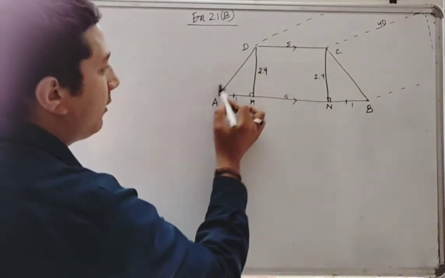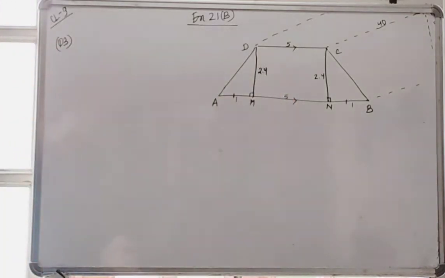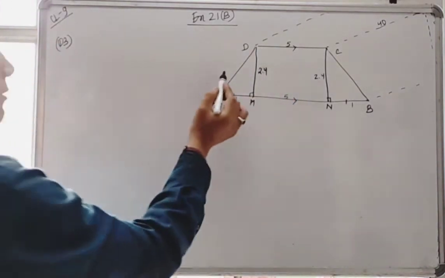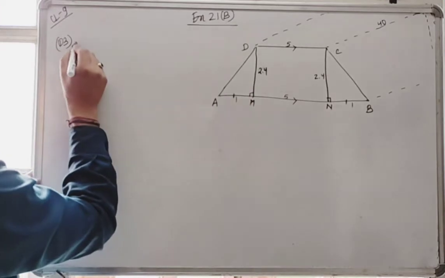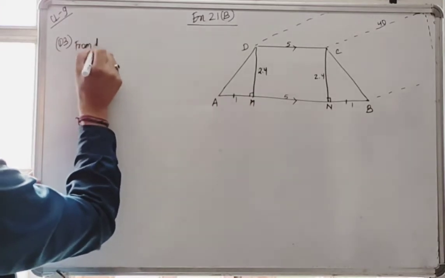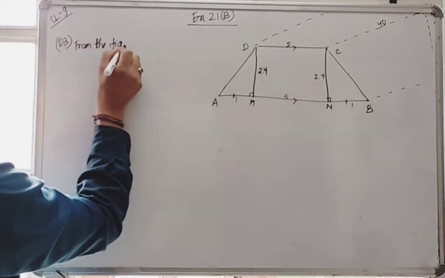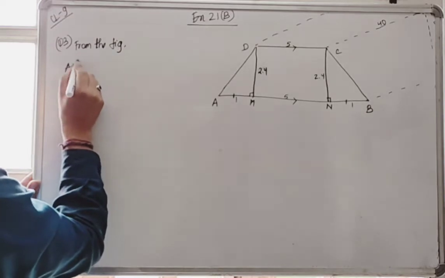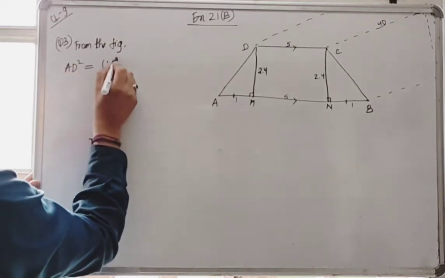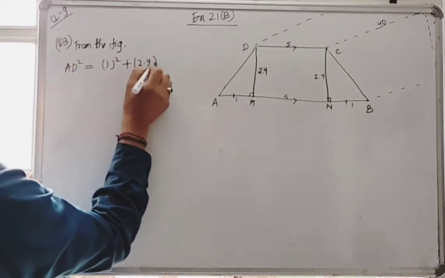Is it a right angle triangle? Obviously it is a right angle triangle. So if you use the Pythagoras theorem here from the figure, AD square will be equal to 1 square plus 2.4 square.